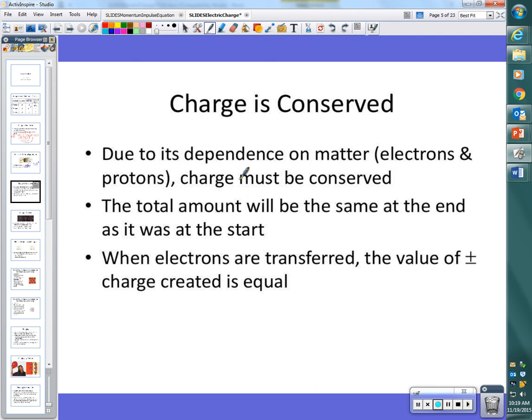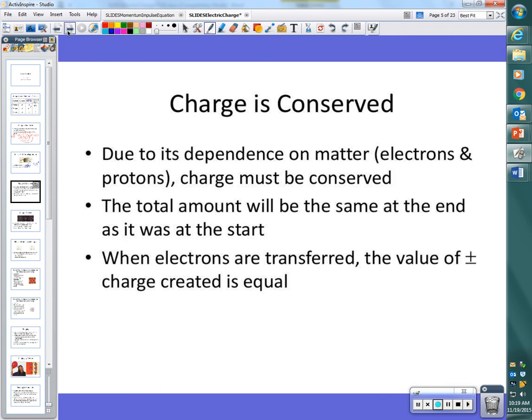Because charge comes from matter, specifically electrons and protons, as those electrons and protons move around, the total amount of charge is the same, right? Even though one atom might gain electrons and another atom might lose electrons.